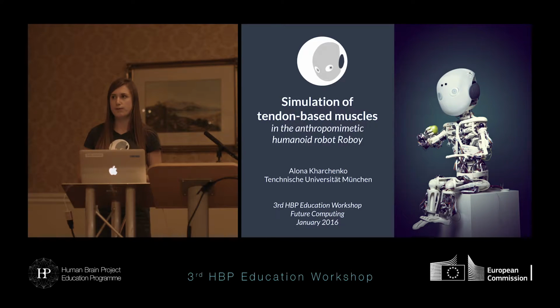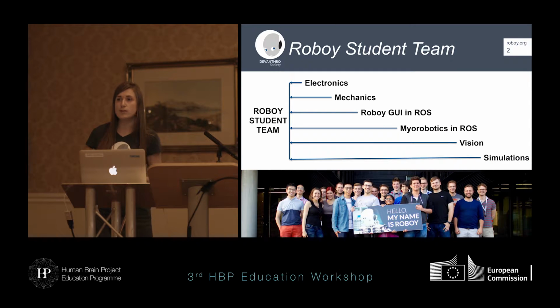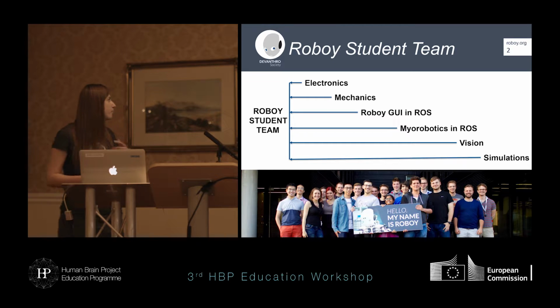In May of 2015 we created the Roboy student team, which is now split into 6 teams. There are the electronics guys, obviously building the electronics required to make him faster and more controllable. Then the mechanics guys built new legs for the second generation of the robot.